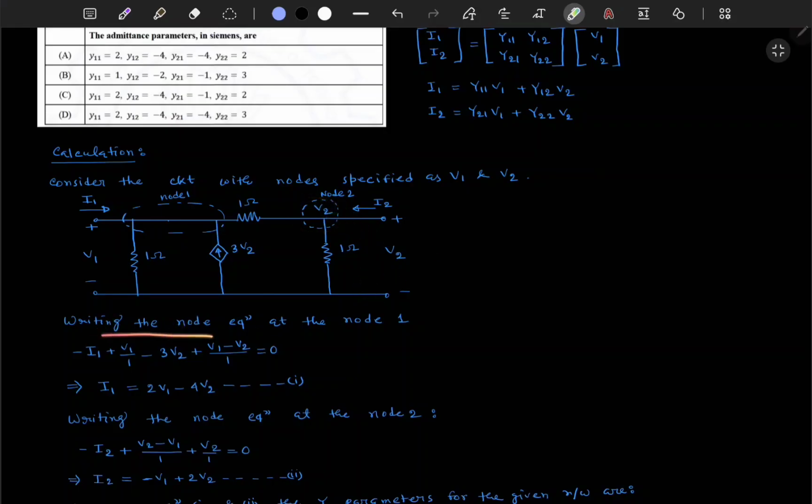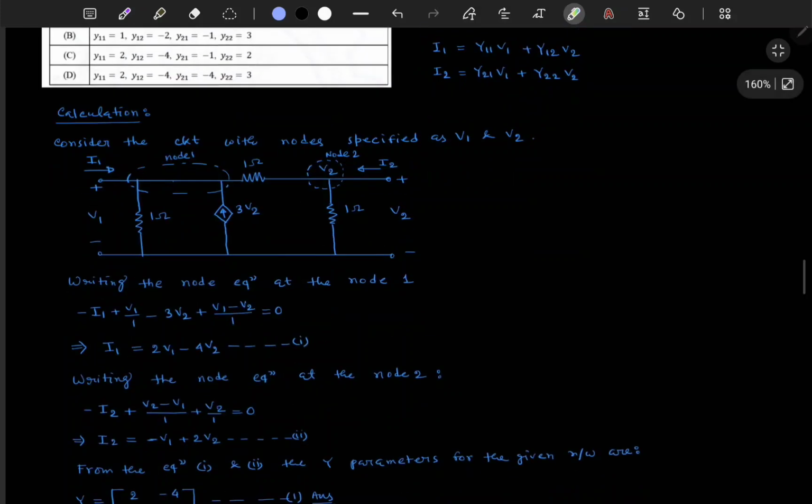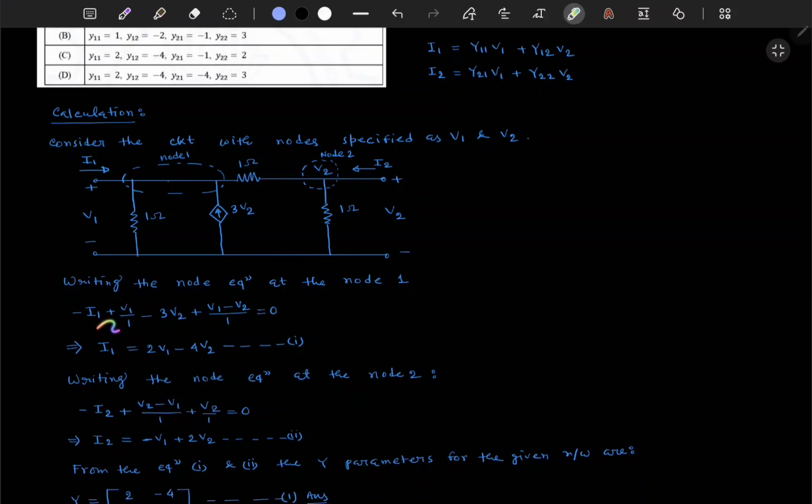So writing the node equation at node 1, here we are using nodal analysis. This I1 is entering, so this is minus, and here one current is coming out, so this is V1 by 1 plus, and another current is entering, so we write -3 V2 plus V1 minus V2 by 1.